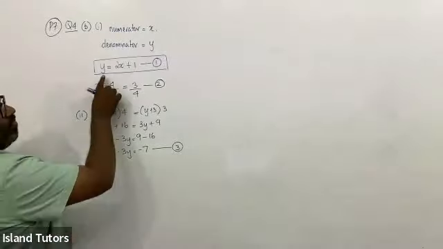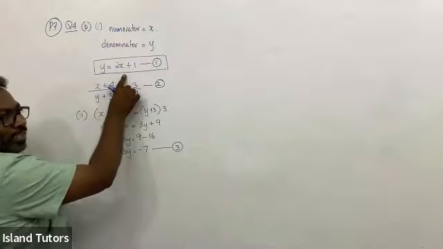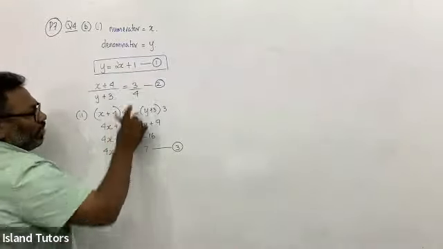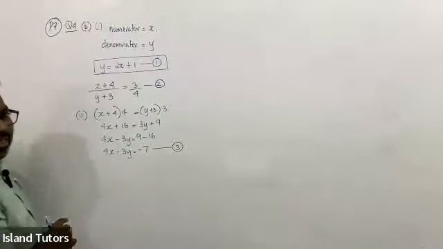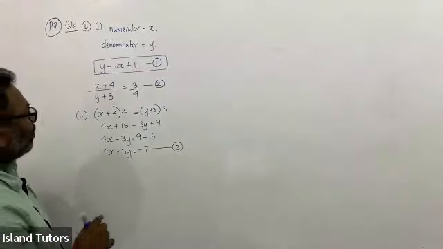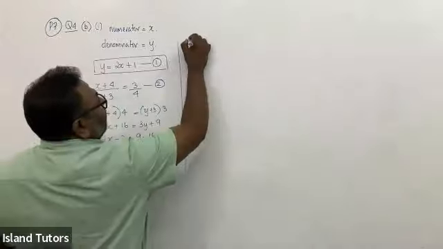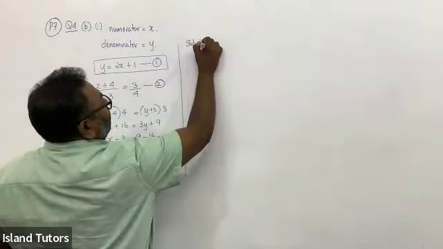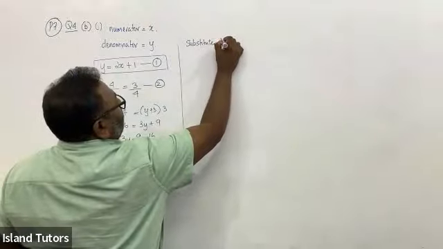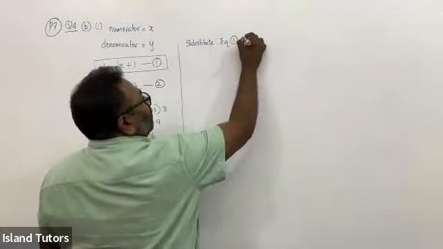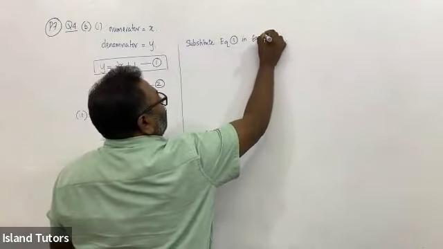So what we are going to do is, we know y is equal to 2x plus 1. So we will substitute the first equation into your third equation. Right? So let's do that. So we'll write that down. You say substitute equation 1 in equation 3.